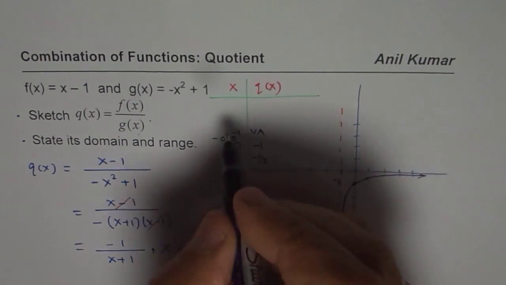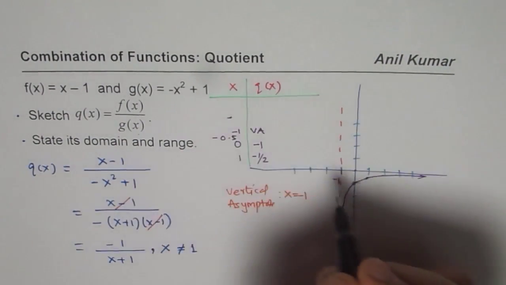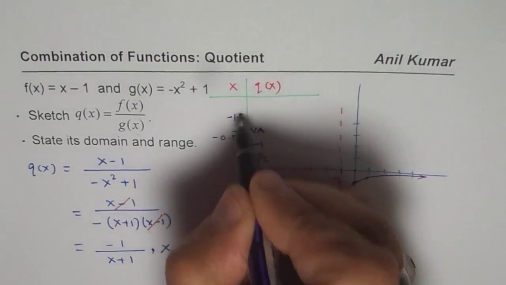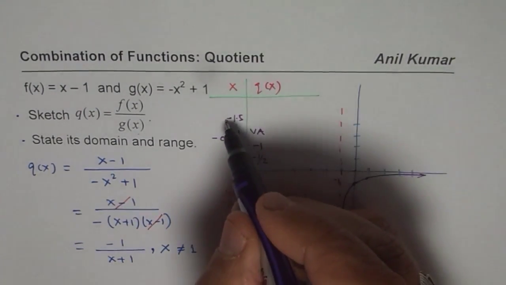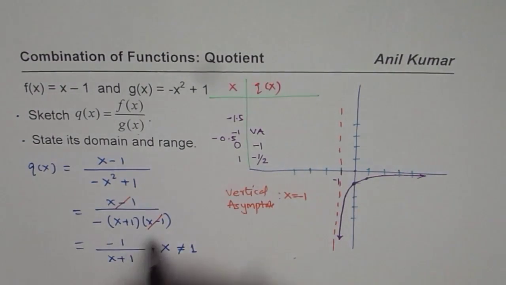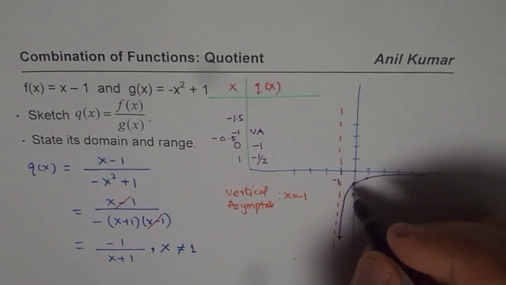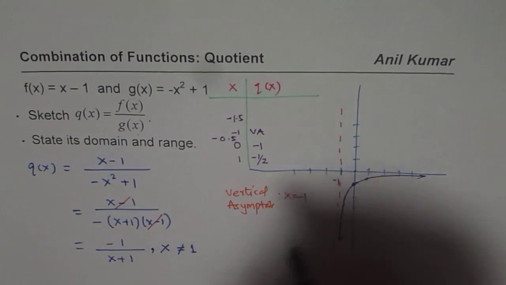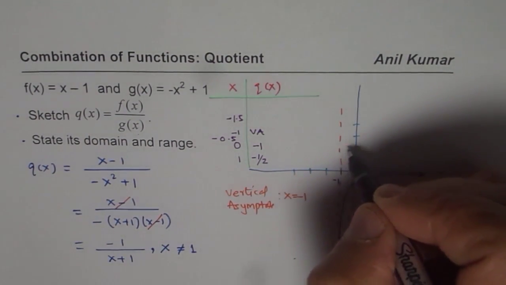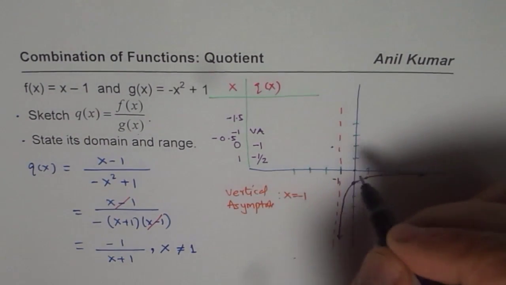Now on the other hand, if I have minus 1.5, that is minus 3 over 2, then it is going to give me a plus 2 value, right?